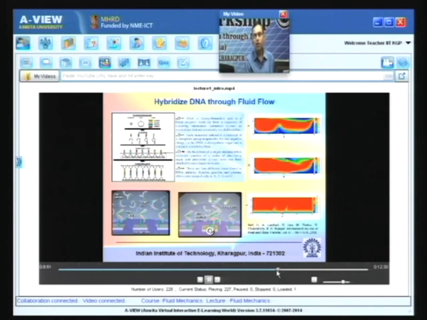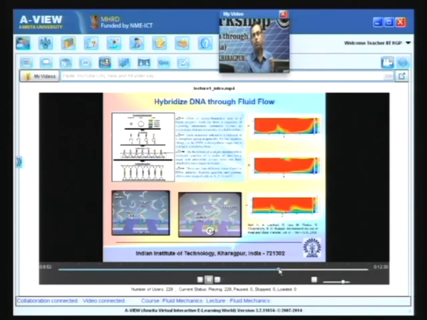The whole motivation behind handling DNA with fluid flow is this: if you are interested in studying whether there is a particular disease in a blood sample, the sequence of a DNA carries the signature of a certain disease.